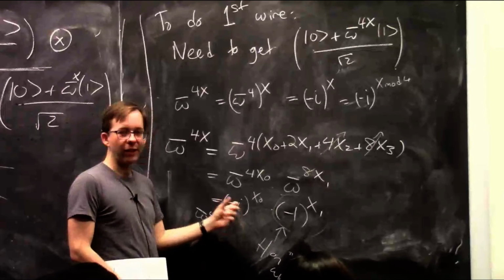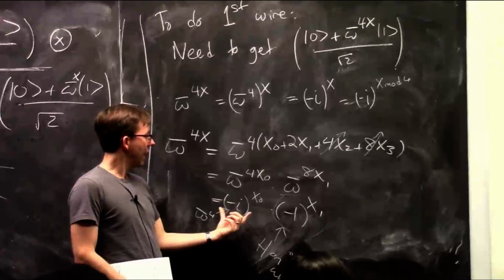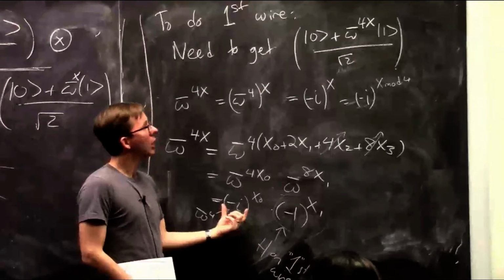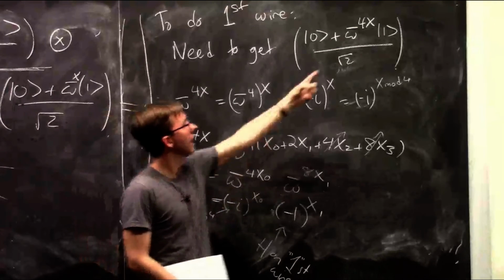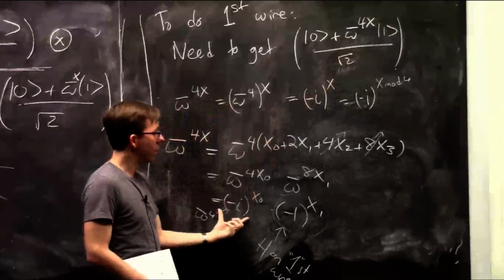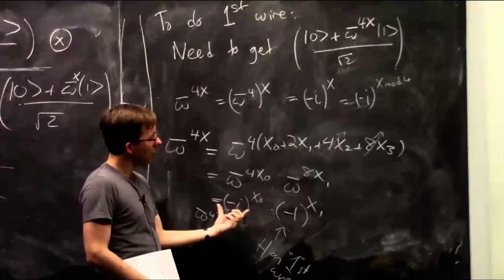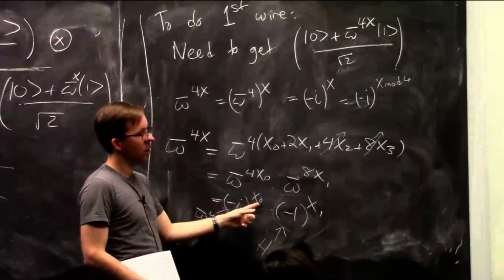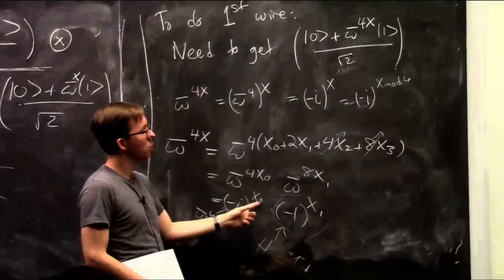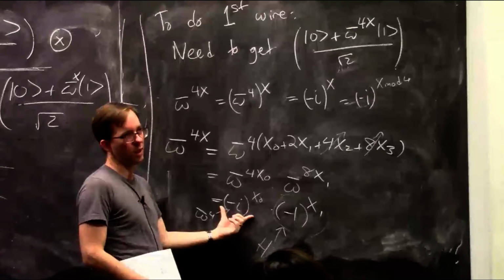Okay, so the last thing we need to do is potentially change the phase on ket1 by this amount. In other words, don't change the phase at all on ket1 if x0 is 0. And if x0 is 1, do change the phase on ket1 by minus i.